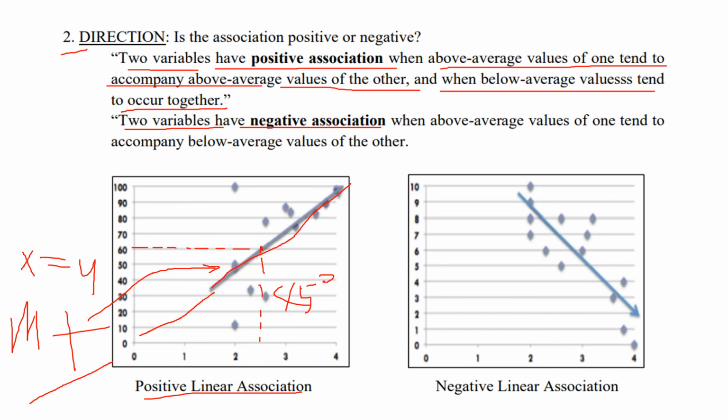Now, for us to visualize more, what is a positive linear association? For this graph, as you can see, a lower value of y can be mapped to a lower value of x, and a higher value of y can be mapped to a higher value of x.